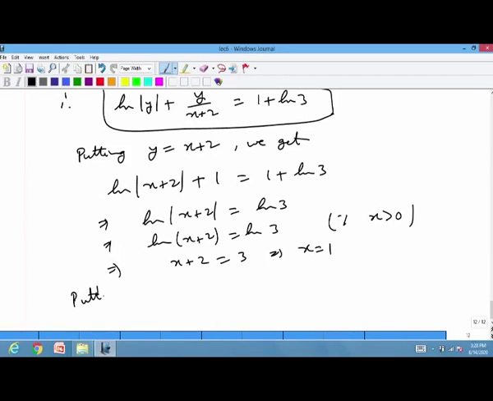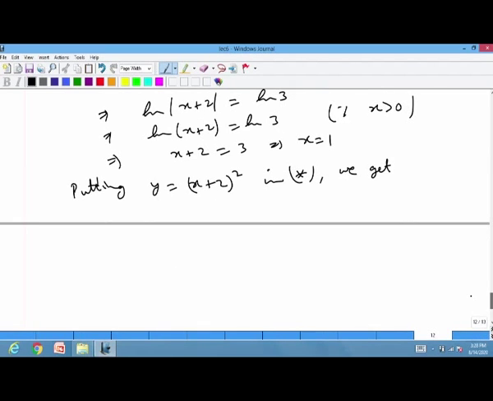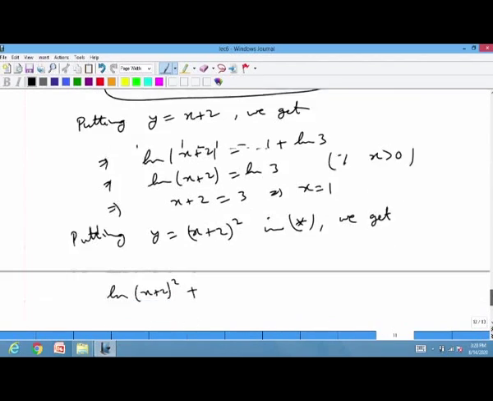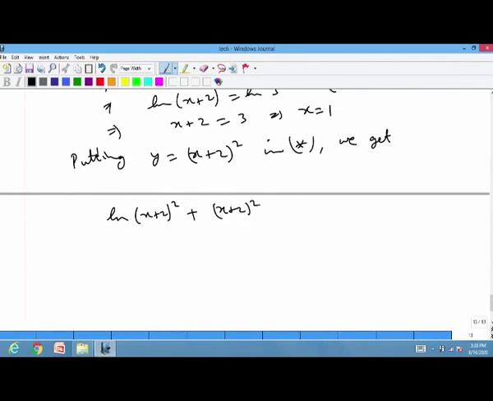So, putting y = (x+2)^2 in, let us call this equation star, we get log of (x+2)^2 plus y/(x+2), so (x+2)^2/(x+2), equal to 1 plus log 3, which is the same as 2 log(x+2) + (x+2) = 1 + log 3. So, we have to see whether there exists any x for which this happens or not.